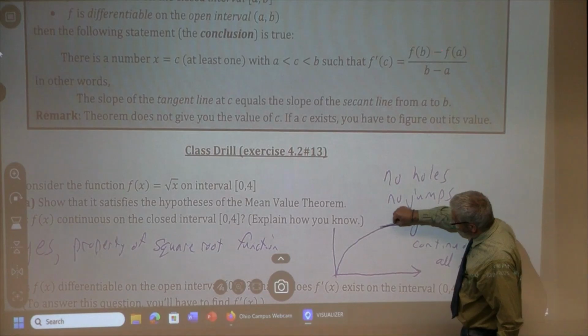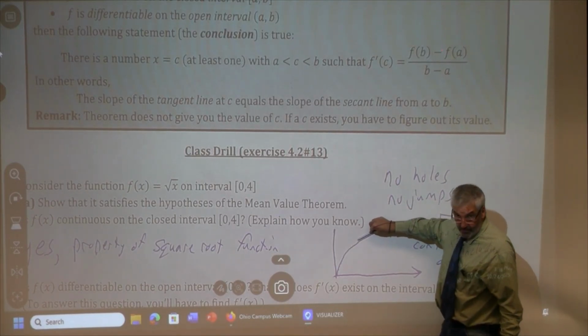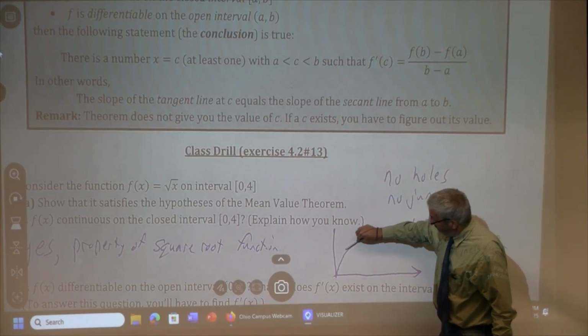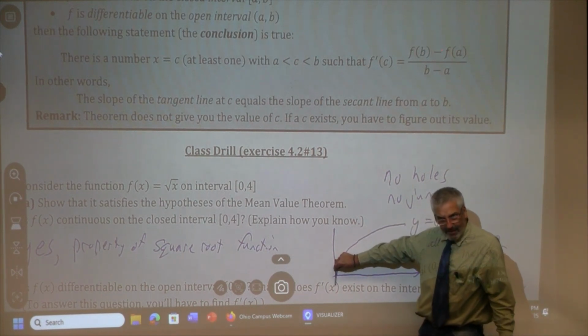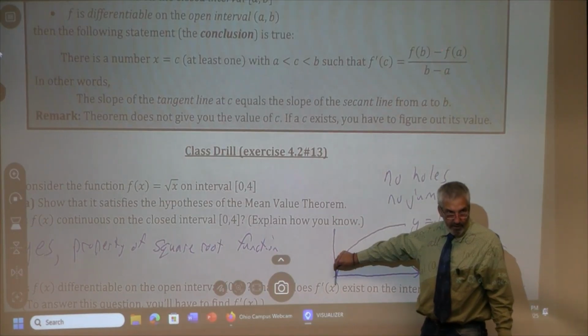There's always going to be a tangent line with a number that's its slope. Since there's always a tangent line with a number that's its slope, the derivative always exists. Except here, if we had a tangent line, it would be vertical, and vertical lines have undefined slope. So it looks like this graph is not differentiable at x equals 0.